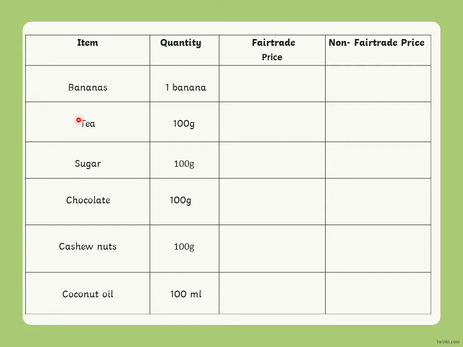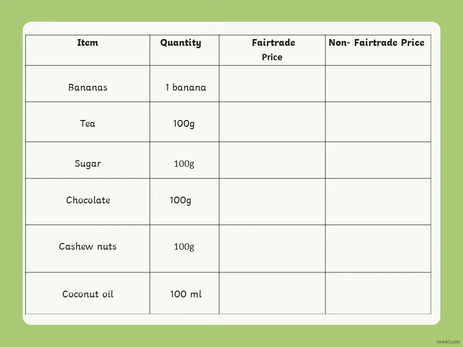So we have got these fair trade goods in this table here. These are the goods that are sold in the countries that we've looked at. They can be fair trade products, okay? So we're going to have a look at what their fair trade price is in supermarkets and their non-fair trade price. So we can have a look at bananas and find the price of 1 banana and compare the two.